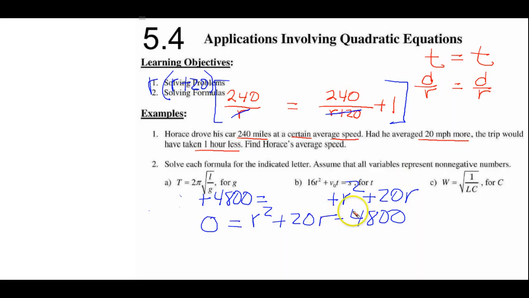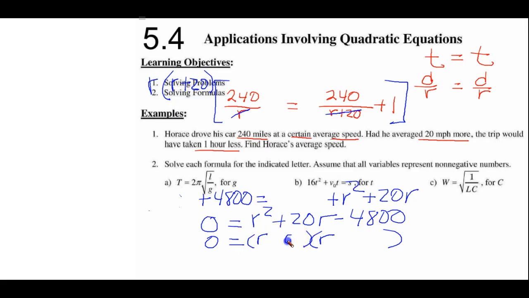Now I could use completing the square, I could use factoring, if it would factor, and I could use the quadratic formula. Well, interestingly, and again I worked with this already, this factors. So r there, and as I played with this, I saw that this 48 is 6 times 8 is 48.